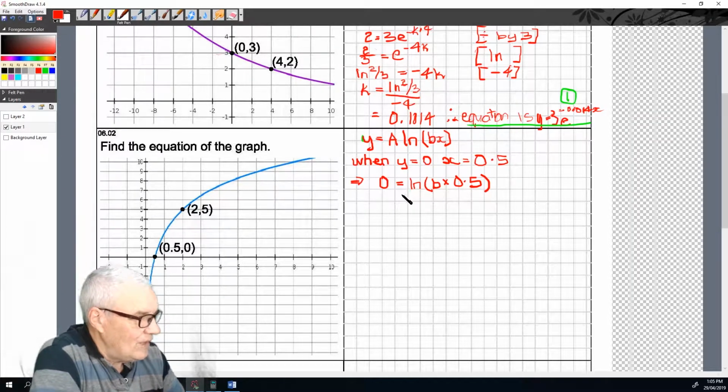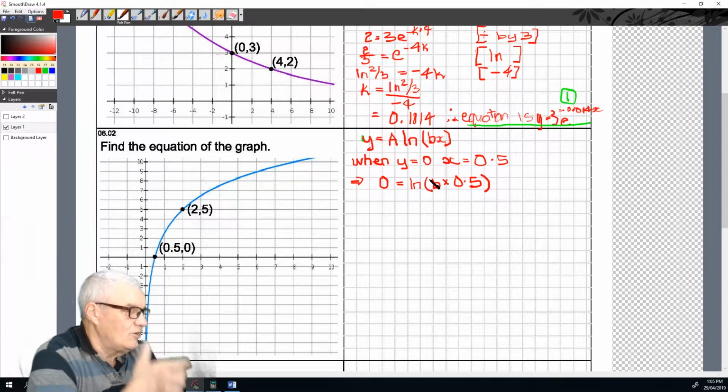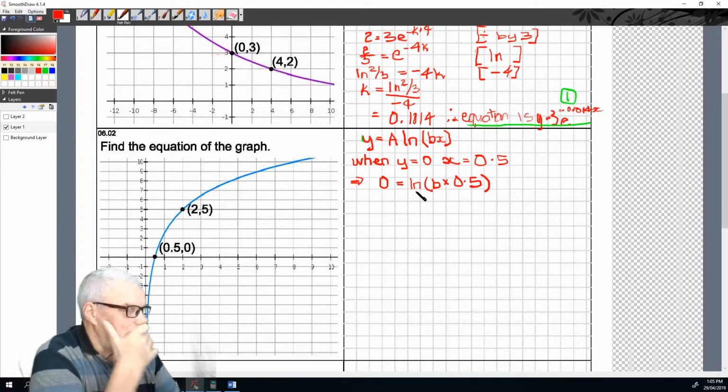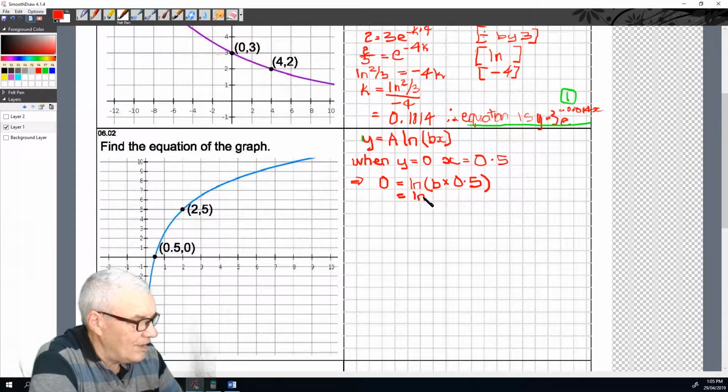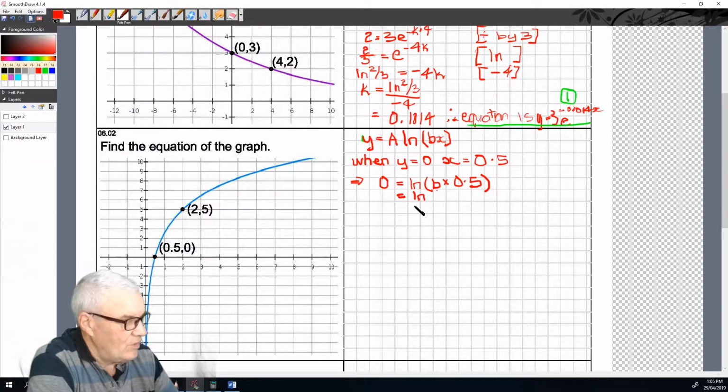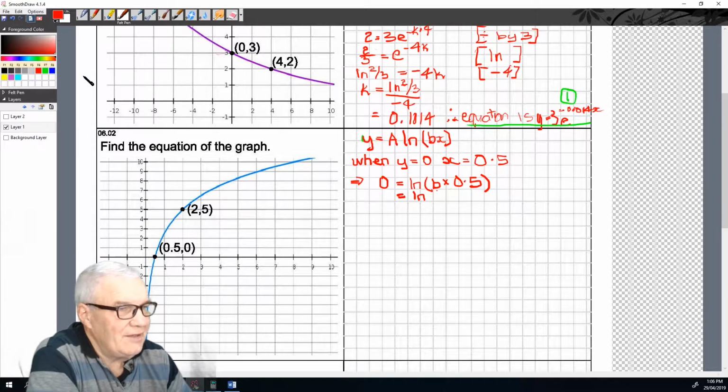Okay, so we know that that's going to equal 0 equals ln... oh no, we don't need to. I was going to write that. That's unnecessary. I'll just drop that back a little bit.